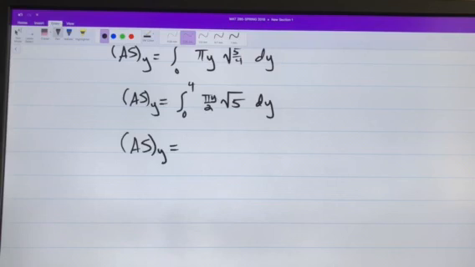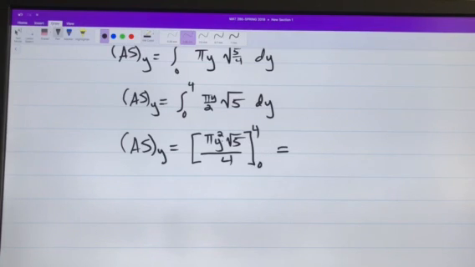Following through, the antiderivative of y is going to be y squared over 2, and we already have times pi over 2. So we're going to have pi y squared times the square root of 5 all over 4, as y goes from 0 to 4. Everything is riding upon what we have in the upper limit.